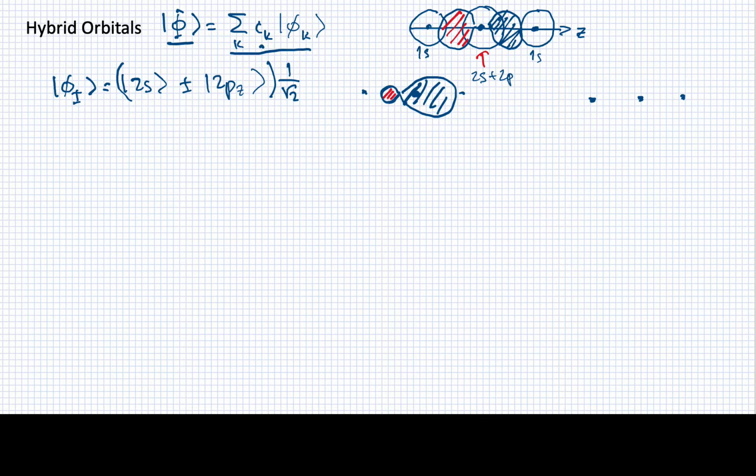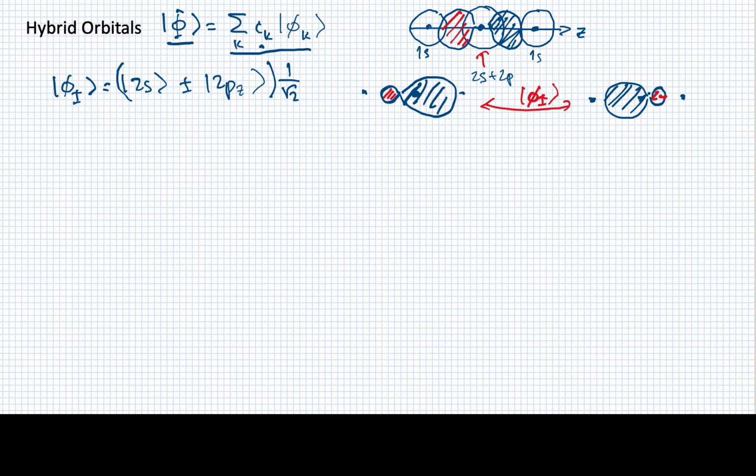The other orbital would be the minus combination, so it would be pushing this in exactly the reverse direction. So in this case, our big orbital is pointed toward the other atom, and our small is pointed toward the one that is not involved in that bonding. So these would represent the two results of phi plus or minus.